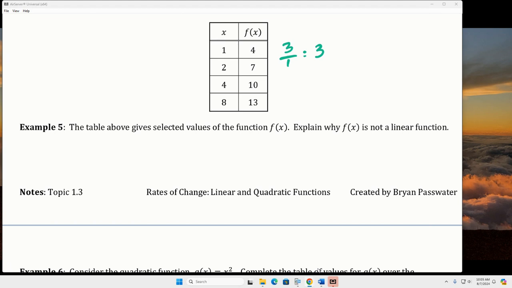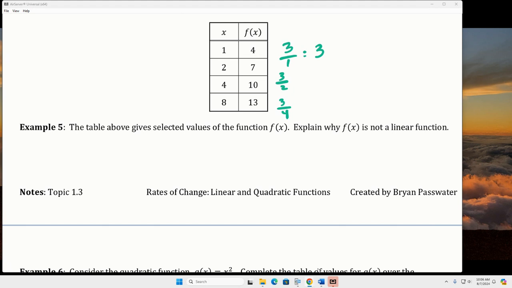All right. And then on the next little section, how did my y value change? 3. What about the x value? 2. And then the last one is 3 again, and 4. So this is obviously not linear. If this was linear, we would have got the same thing for each one of those.